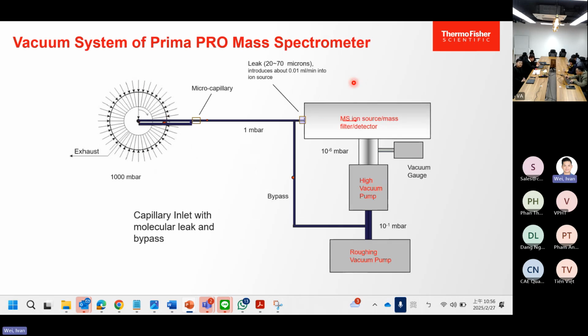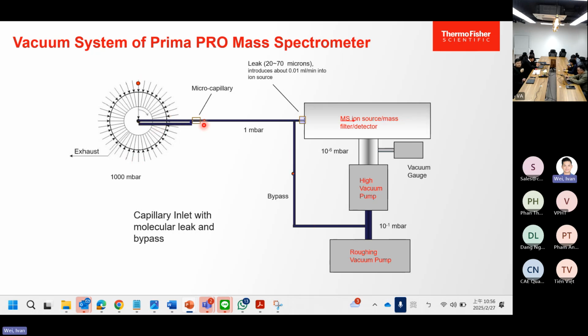So back to the first step. When the sample goes in, it has to go through a microcapillary. That's where we reduce our sample size and sample pressure. This is the graph of the sample inlet and vacuum system of our Prima Pro. In the case of rapid multi-sample streams, we're able to link up to different sample streams.